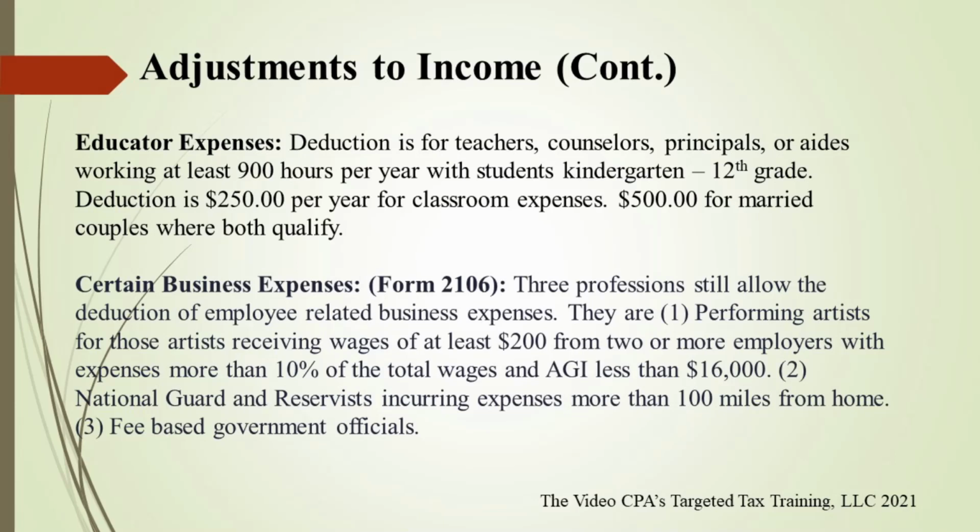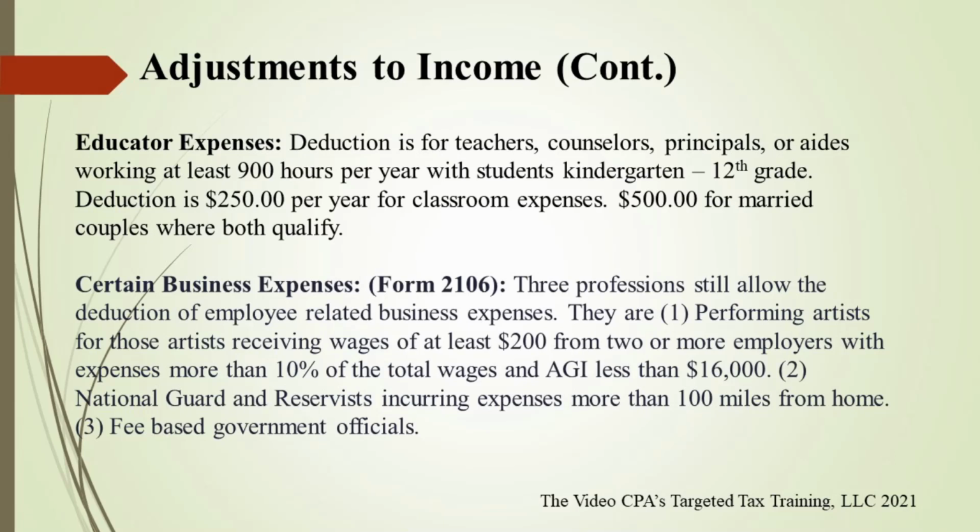You're not going to get that unless you're involved in teaching, or a counselor, or a principal, or an aide at a school. Okay. Now let's talk about the certain business expenses. This used to be employee business expenses, Form 2106, before 2018. And before that time, almost any employee who incurred costs for their profession, for their business, could take employee business expenses.